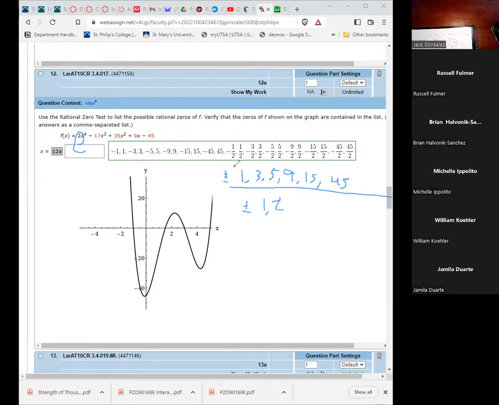So 1 divided by 2 is these two. 3 divided by 2, obviously, is right here. And so forth, all the way down to get the last set. So for this particular question, you have all these possible zeros. Does that make sense?